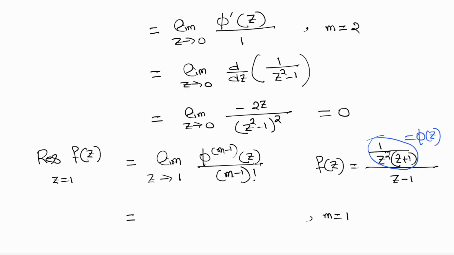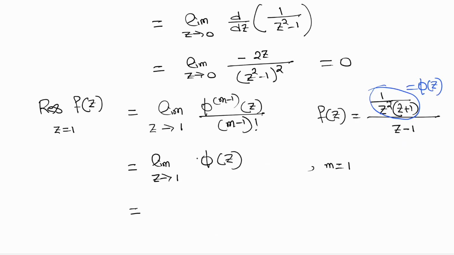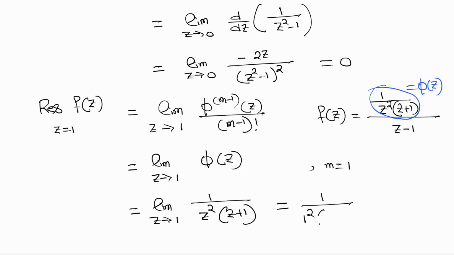So it will be the 0th derivative of phi(z), which means it will be the function phi(z) itself, and 0 factorial is equal to 1. Now put the value of this function phi(z), which is 1/(z^2 (z + 1)). Now put the value of z, which is 1, we will have 1 divided by 1^2 times (1 + 1), which is equal to 1/2. So 1/2 is the residue of f(z) at z = 1.